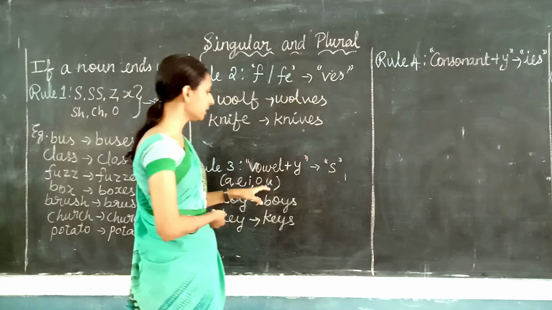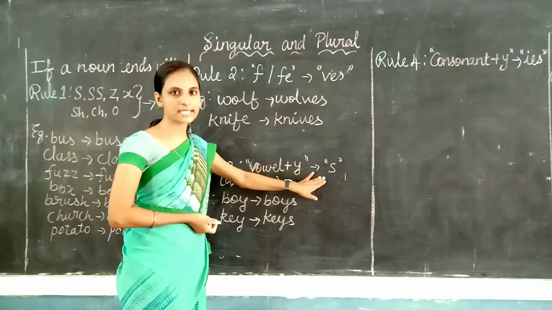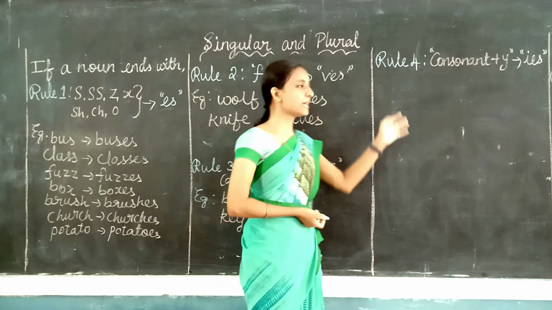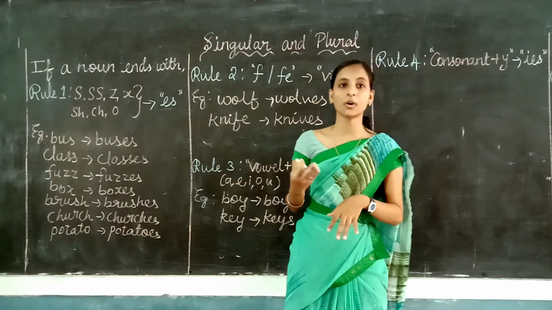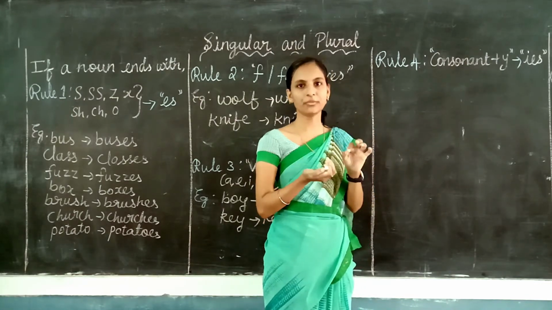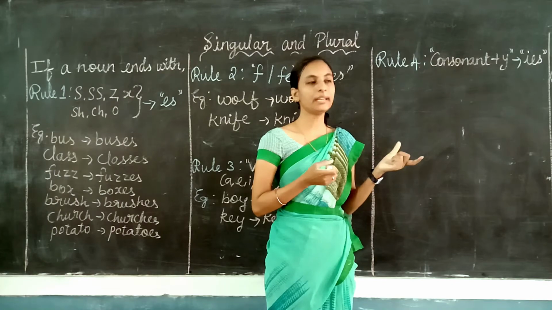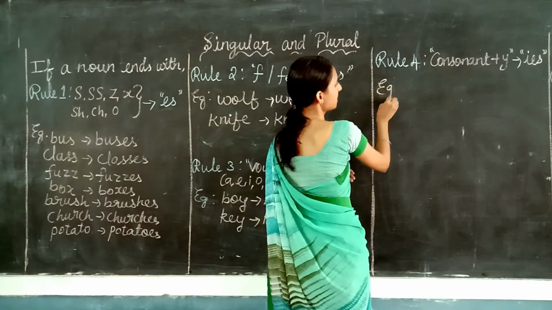Here we have learned that if a noun ends with vowel plus y, then we are going to add s. But except for these five letters, if a noun ends with a consonant, then we are going to remove the y from the word, and instead of y, we are going to add ies. Let's see some examples.